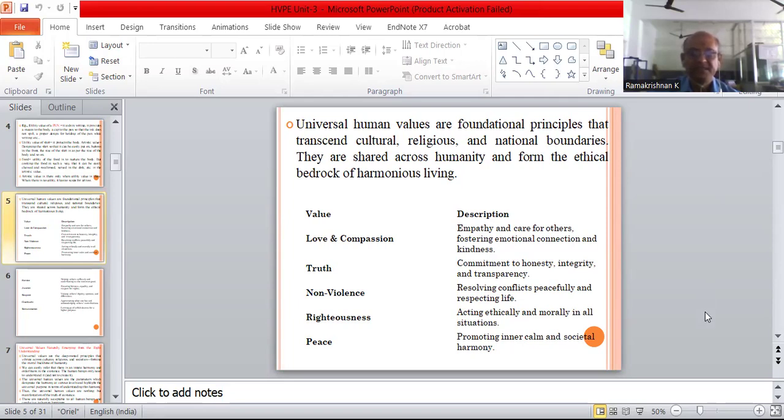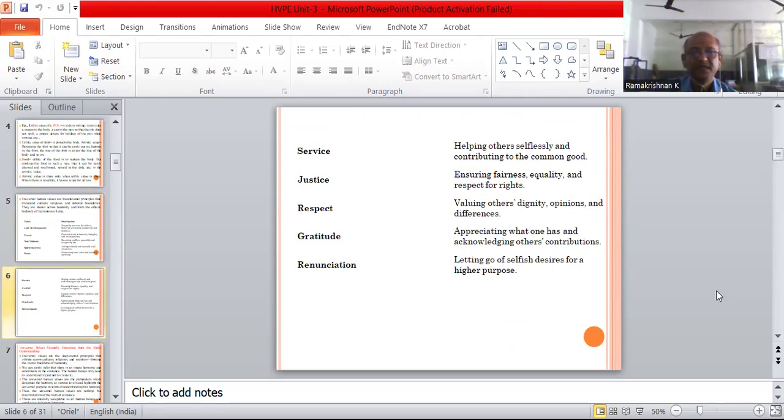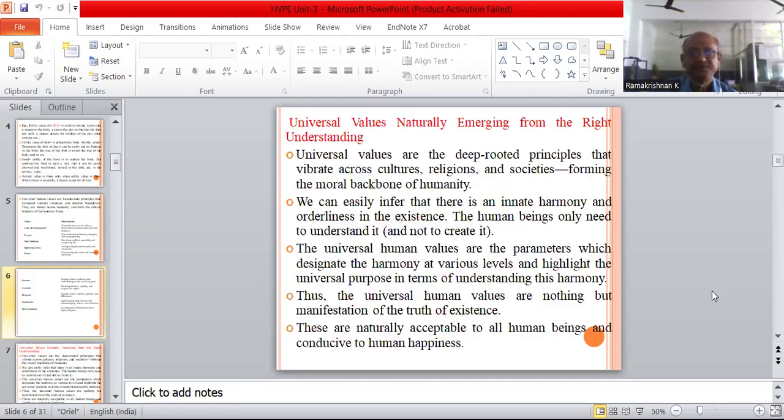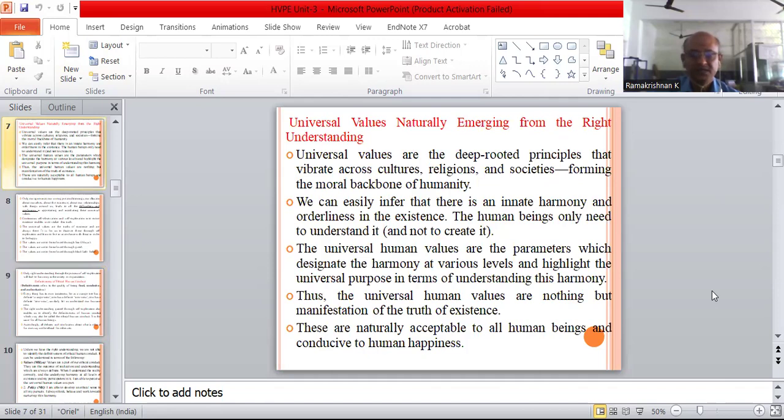Then peace denotes calmness in our mind and also societal harmony. Similarly, justice: we have to be fair in every situation. And respect: not only for elders, but for all human beings without any difference. So these are some values as we know.